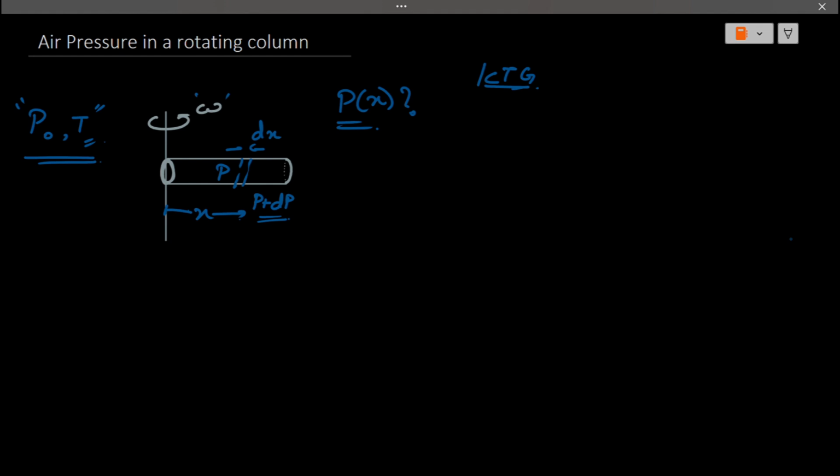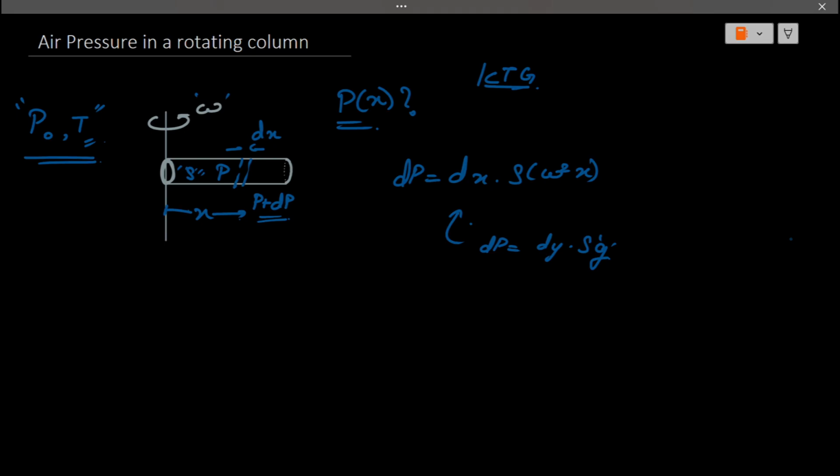Now, since the width is dx, we know that dP has to be dx times rho, which is the density of the air inside this column, times omega squared x, derived from the small change in pressure as dy times rho times g.